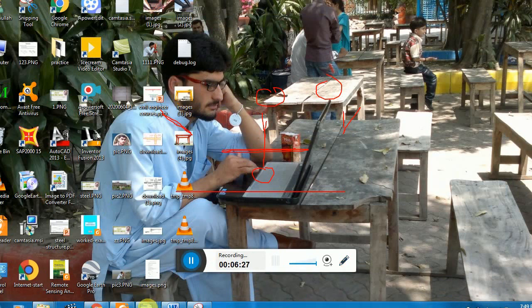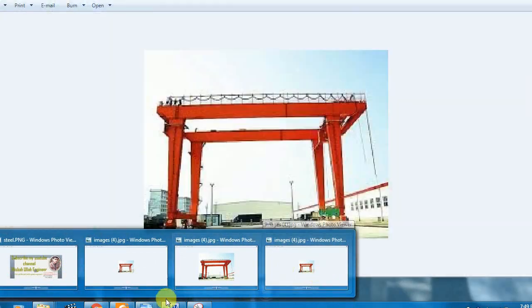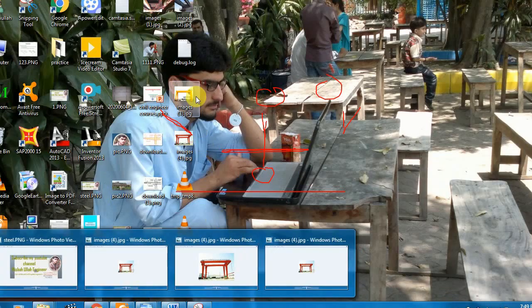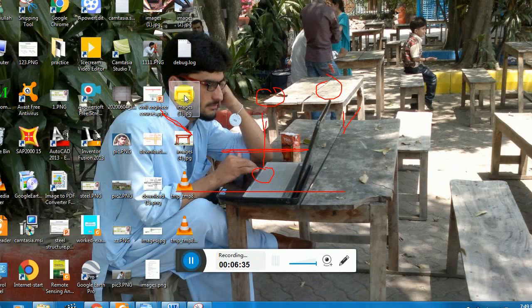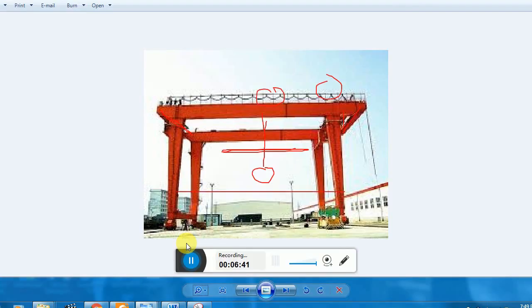Why is it not working? The crane is the same as this structure, in which we also provided bracing only at the ends.